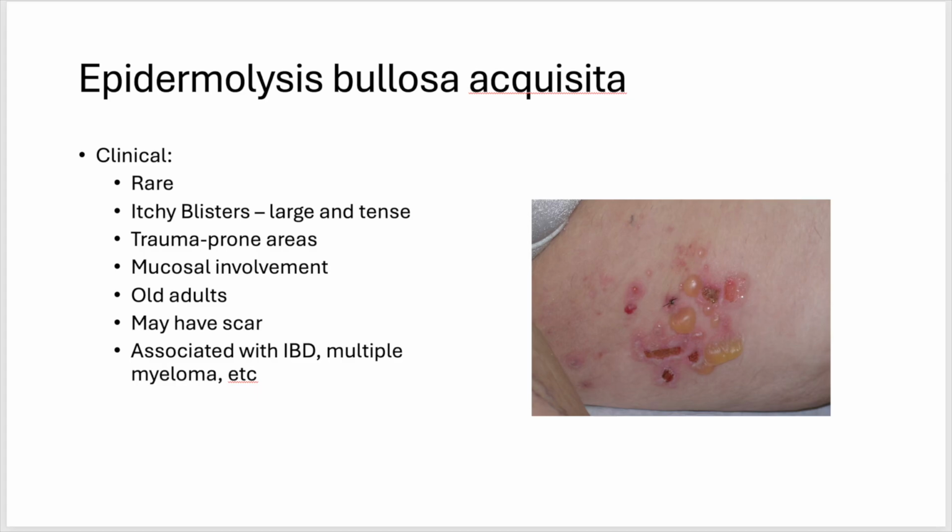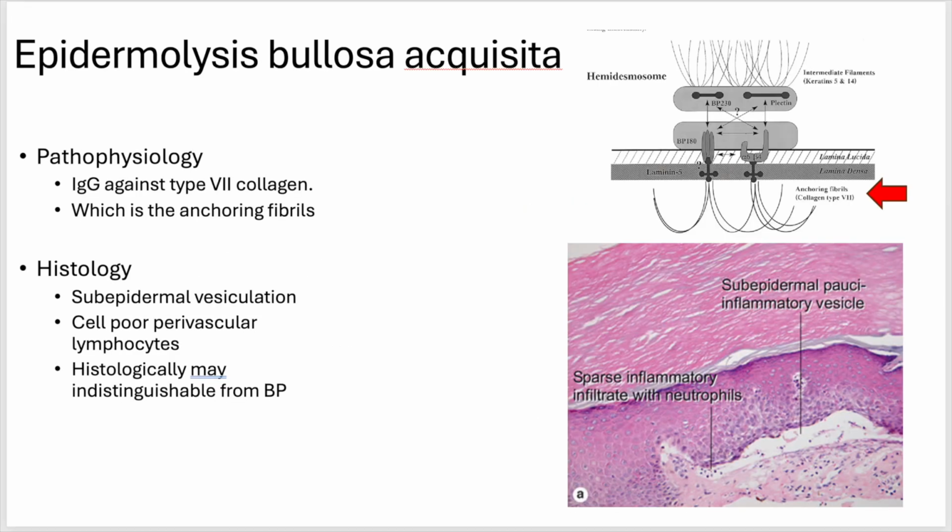You might see mucosal involvement, and clinically it is associated with systemic disorders such as inflammatory bowel disease, IBD, or multiple myeloma, MM. Pathophysiologically, EBA is caused by autoantibodies targeting type 7 collagen, which is the main component of the anchoring fibrils beneath the basement membrane.